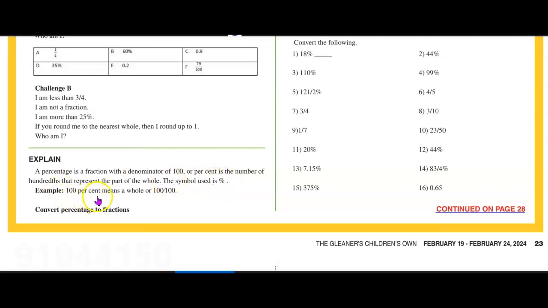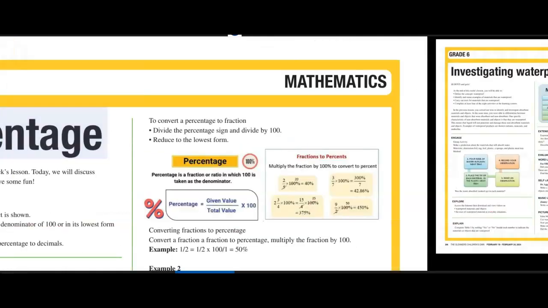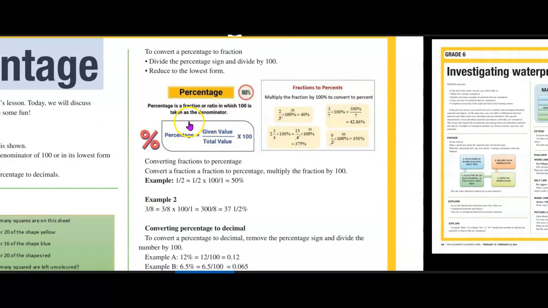Example, 100% means a whole or 100 out of 100. To convert a percentage to a fraction, you remove the percentage sign and divide by 100, reduce. Percentage is a fraction or ratio in which 100 is taken as the denominator.